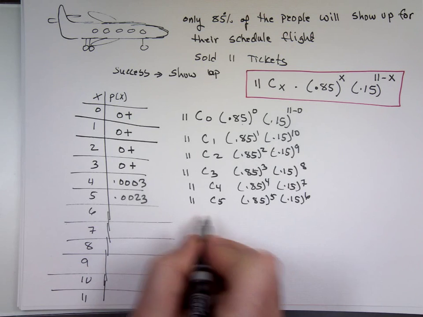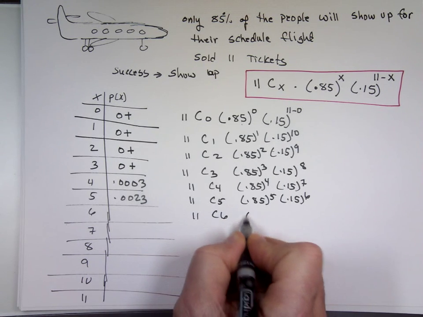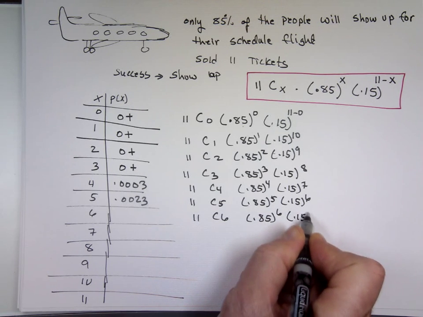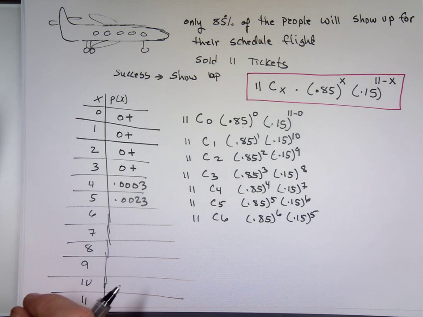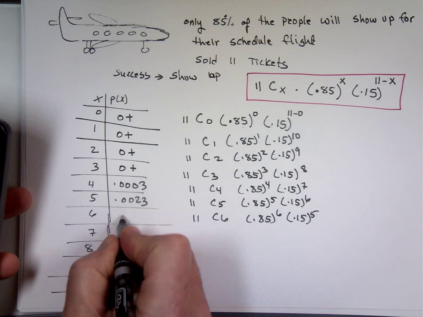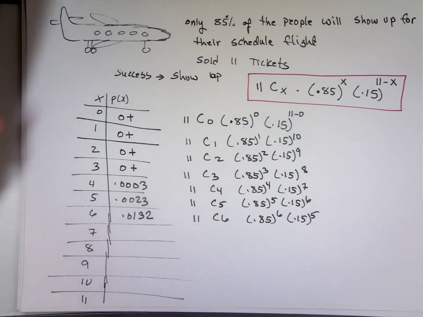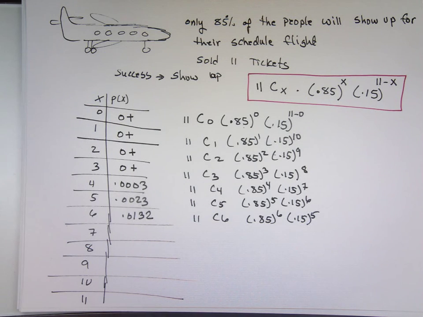X is 6. 0.0132. There's a 1% chance that exactly 6 of them will show up. 7 of them.